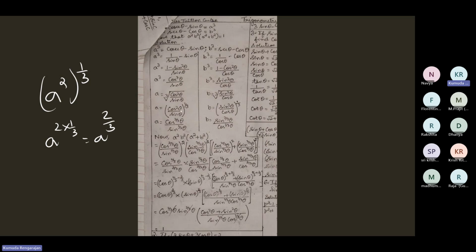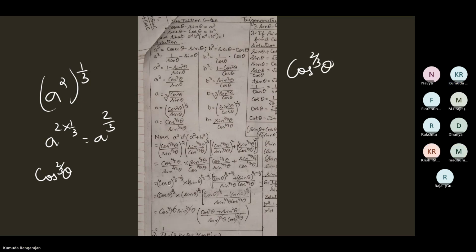Cos square theta to the power 1 by 3 will be cos theta to the power 2 by 3. Multiply the powers, 2 into 1 by 3 is 2 by 3. And that's applicable to the numerator and the denominator.